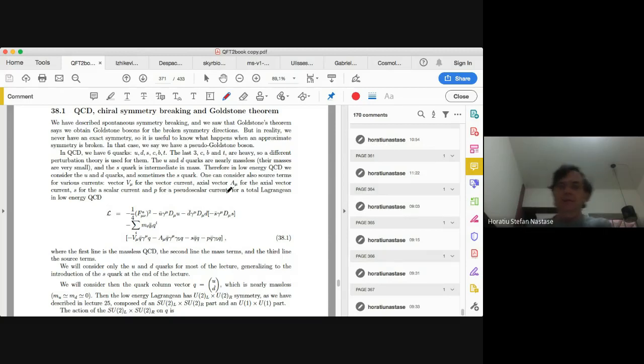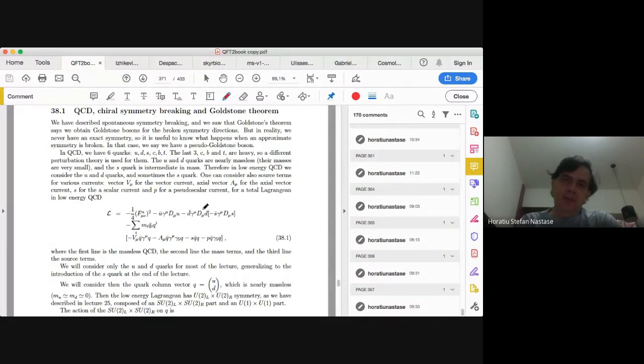So then the low energy QCD Lagrangian is the Lagrangian for the SU3 gauge field, minus a quarter F mu nu squared. The Lagrangian for the massless up and down quarks, u bar gamma mu d mu u and d bar gamma mu d mu d. Perhaps also strange, massless strange, so s bar gamma mu d mu s.